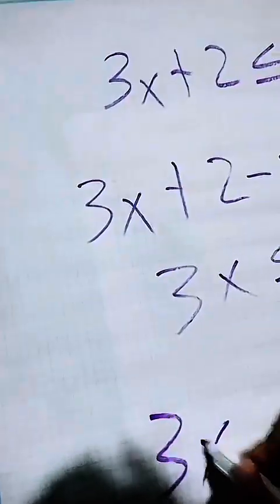Step 2: now divide both sides by 3. 3x divided by 3 is less than or equal to 9 divided by 3.